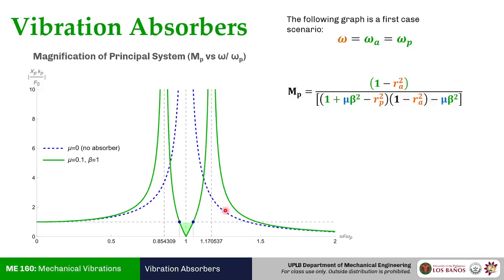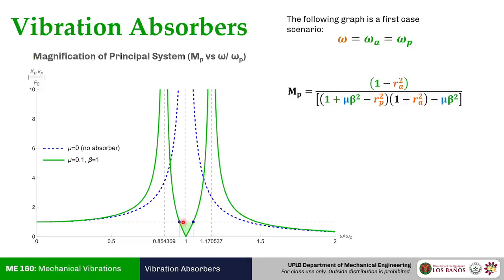Now, you can define your safety threshold as, okay, I just want to not operate exactly at these natural frequencies. So, okay, as long as I stay from 0.85, let's say, to 1.17 frequency ratio, I am safe. So that is one kind of criteria. Another safety criteria is by determining a threshold magnification value. So let's say, okay, at M equals 1, my system is safe.